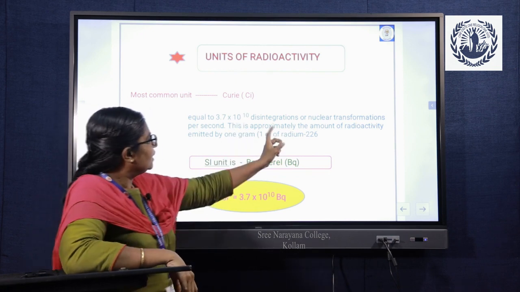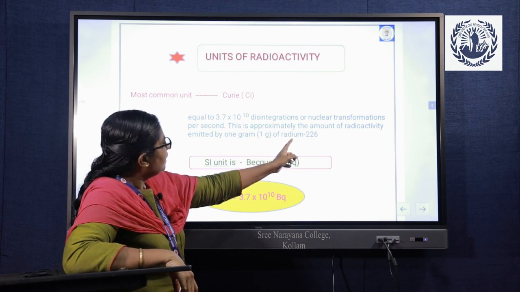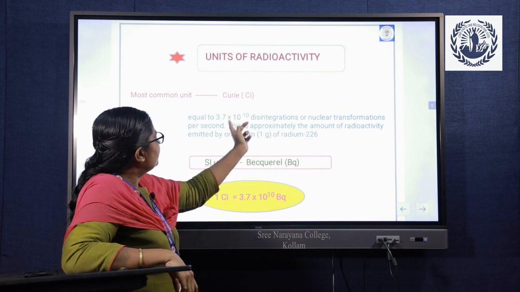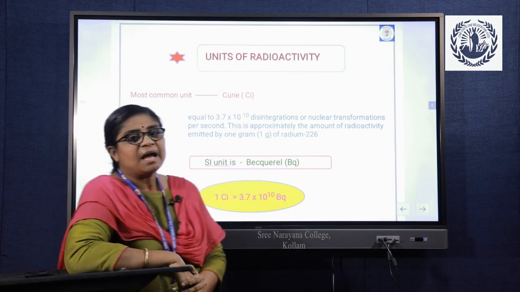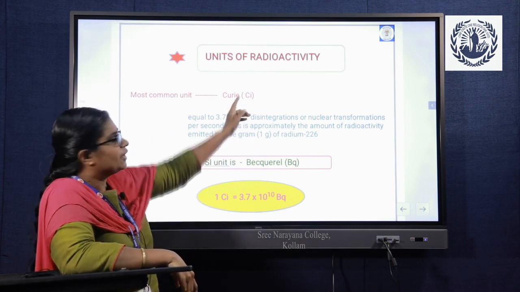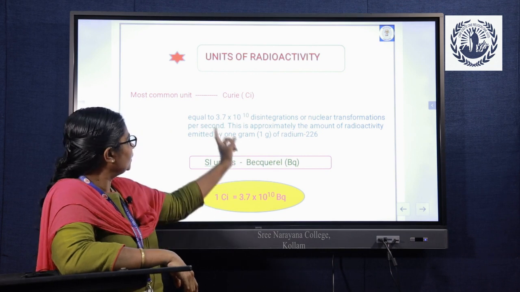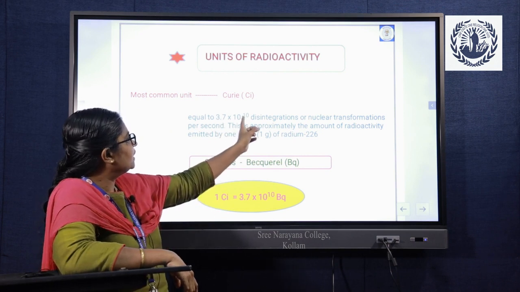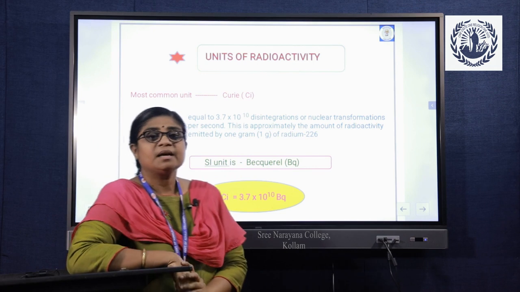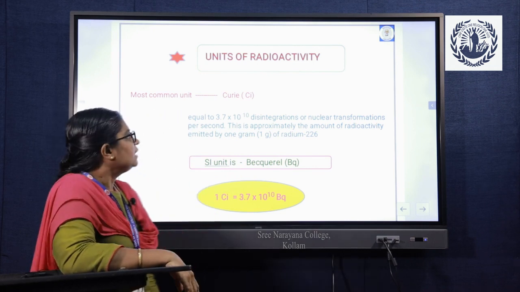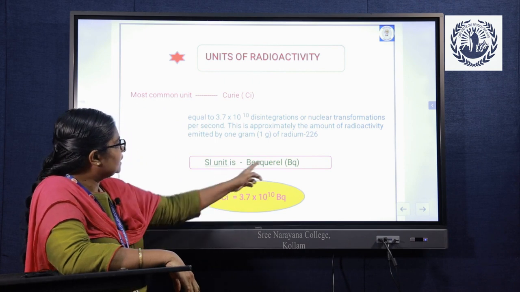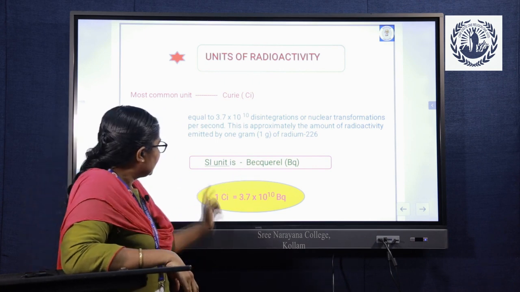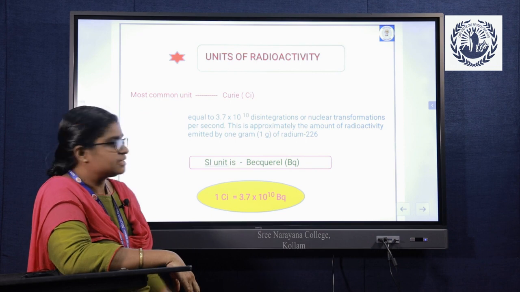So 1 Curie is equal to 3.7 into 10 raised to 10 disintegrations per second. Another commonly used unit of radioactivity is the becquerel. Becquerel is the SI unit of radioactivity.